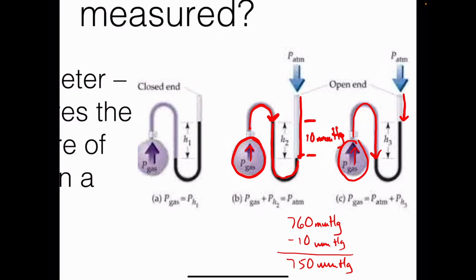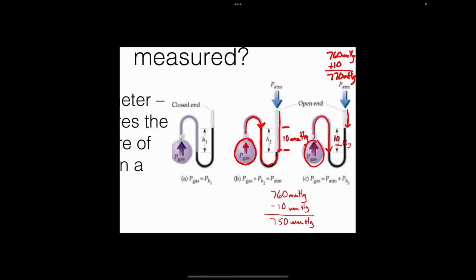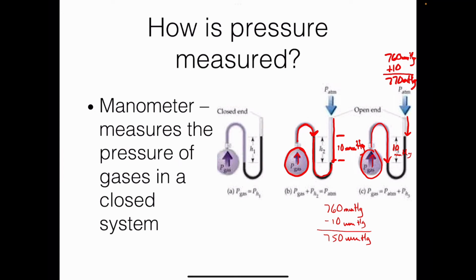If, again, we have the same atmospheric pressure of 760 millimeters of mercury, and again, we know that this difference is 10 millimeters of mercury, then in this case, since the enclosed gas is greater than our atmospheric pressure, we would have to add that 10 millimeters of mercury, and that would give us an enclosed gas pressure of 770 millimeters of mercury. So depending on which one of those is greater, we know we're going to either have to add or subtract based on the atmospheric pressure.